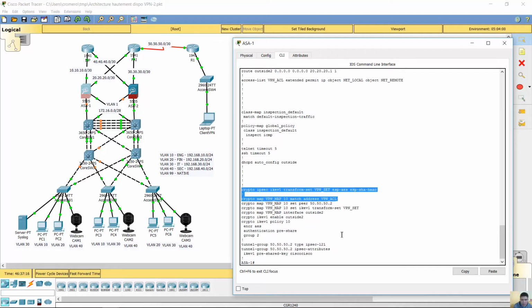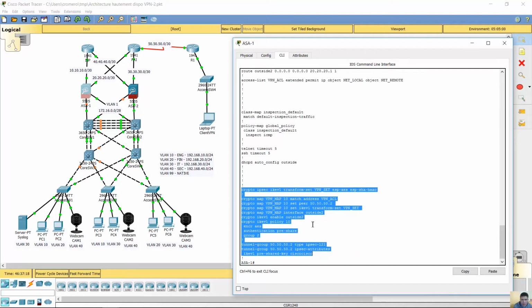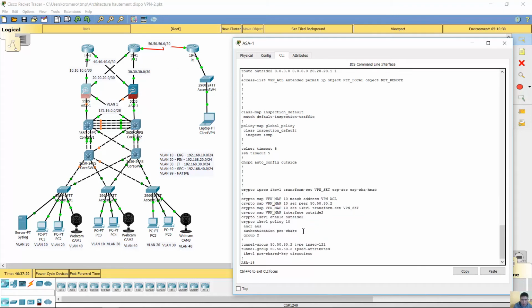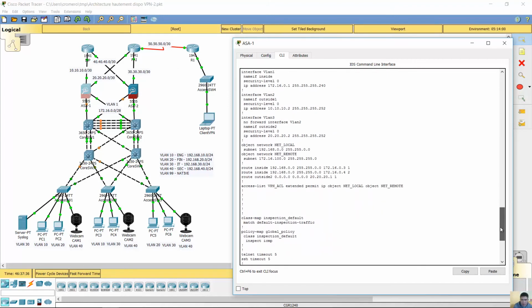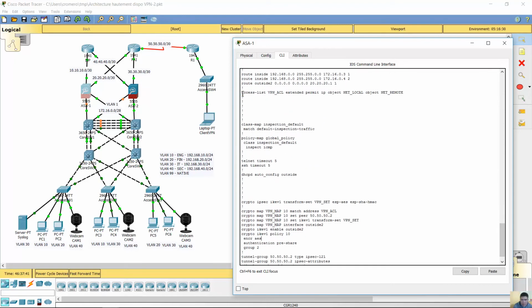These are the VPN configuration to connect R1. Okay, there is a VPN connection from the ASA to R1. And this is the access list for the VPN.